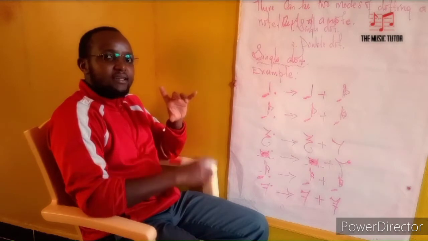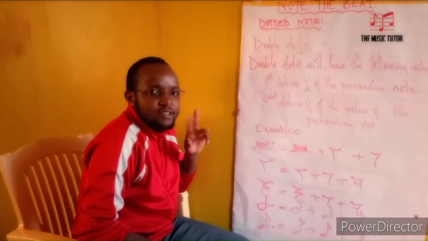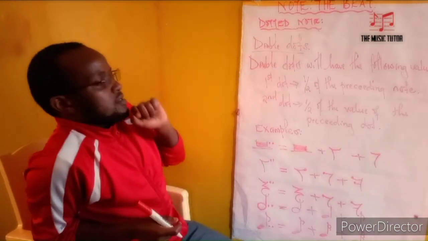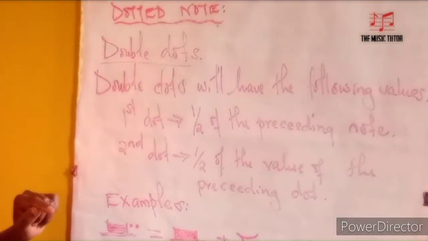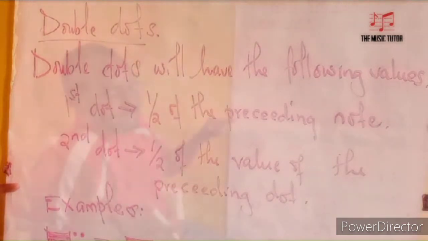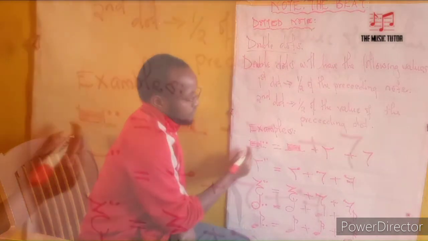Let us look at the idea of double dots. We should understand the value of the two dots. The first dot will have half the value of the preceding note, while the second dot will carry half the value of the preceding dot. See here, this is the rest of a minim.